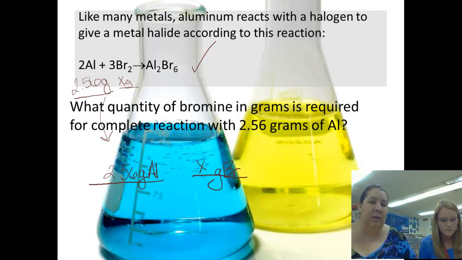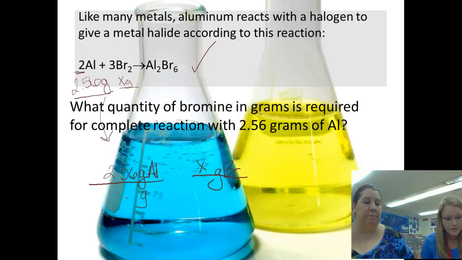Okay, the next step, again, is we try to figure out what is the mole ratio from the equation. That's what goes on the bottom here. So moles of aluminum, according to the equation, is 2. Now I need to make that into grams because whatever unit I have here, I have to have here at the bottom. So this needs to be 2 moles, but represented in grams of aluminum.